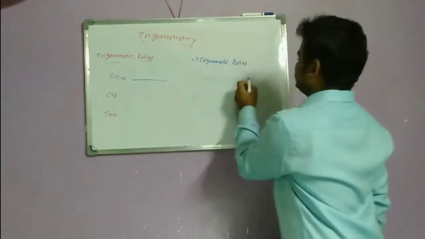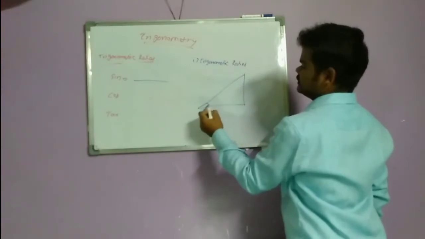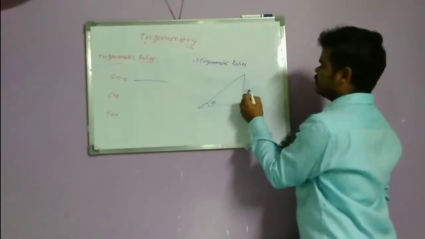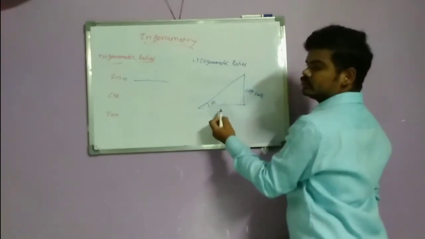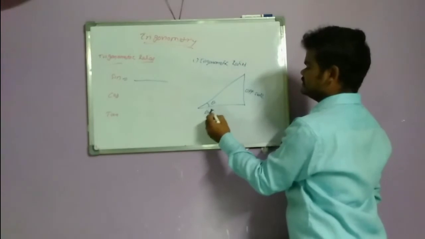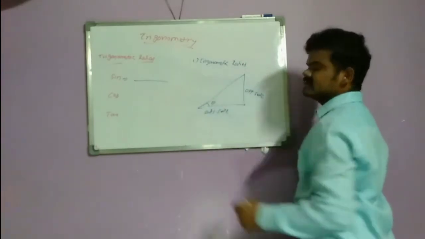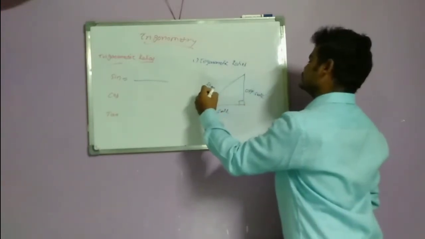This is a right angle triangle. This is theta. Opposite to theta is known as the opposite side. Adjacent to theta is known as the adjacent side. The largest side in the right angle triangle is the hypotenuse.